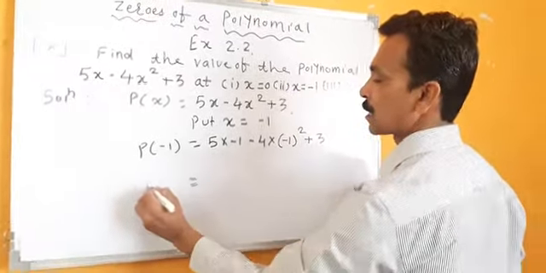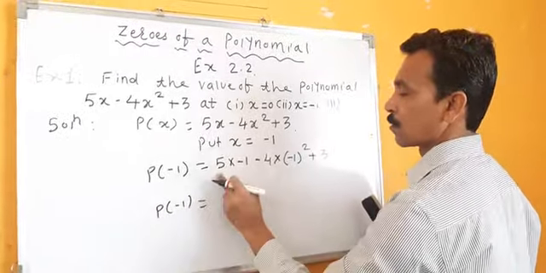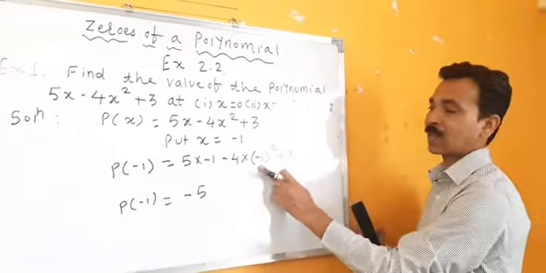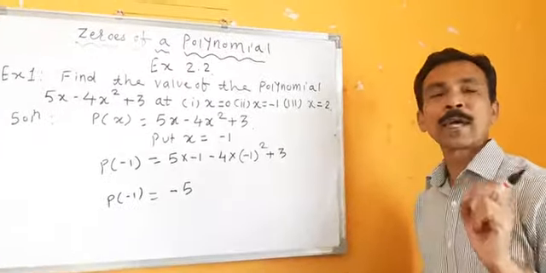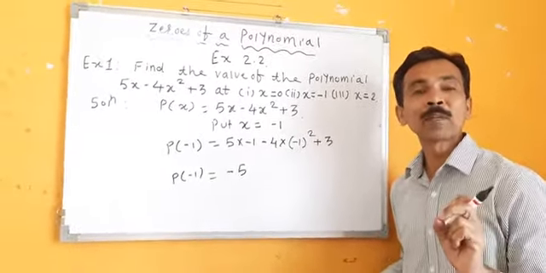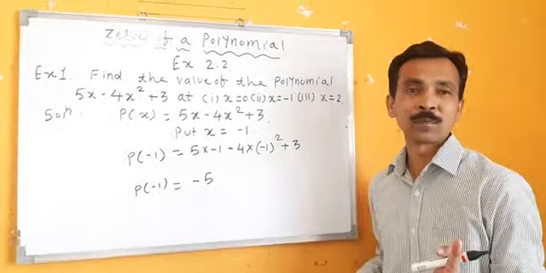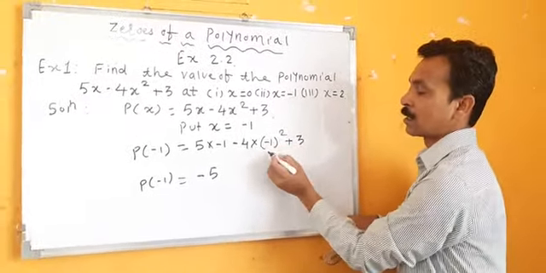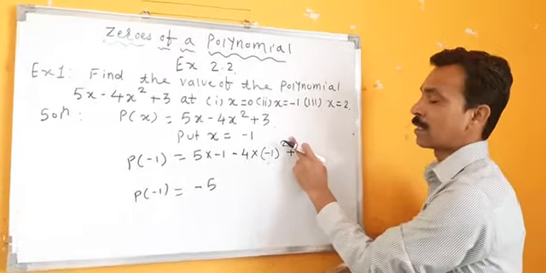So it becomes 5 into minus 1 is minus 5. First I will take the square of minus 1. Square of any negative number is always positive. So what is the square of minus 1? Plus 1, right?